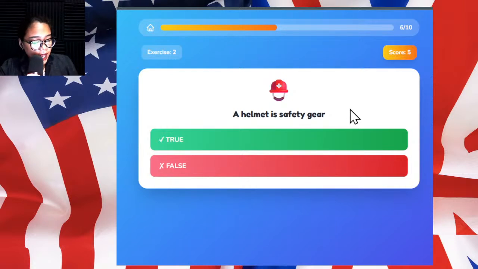Okay, let's have again, the statement is a helmet is a safety gear. Now, is it a true statement or not? True or false? What do you think?